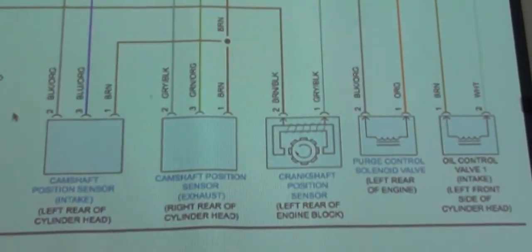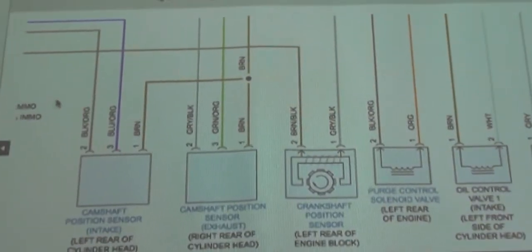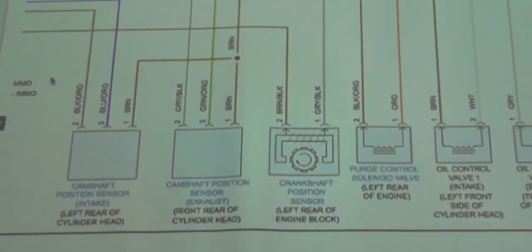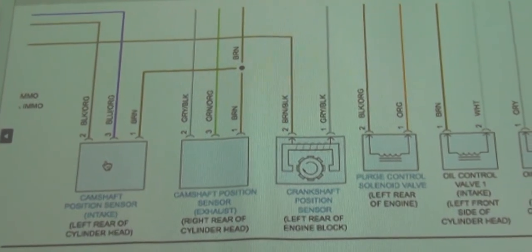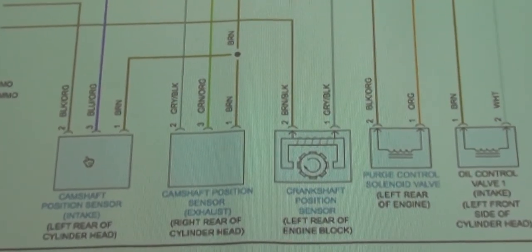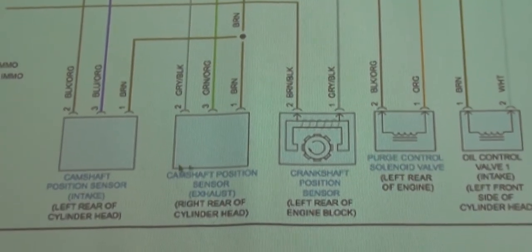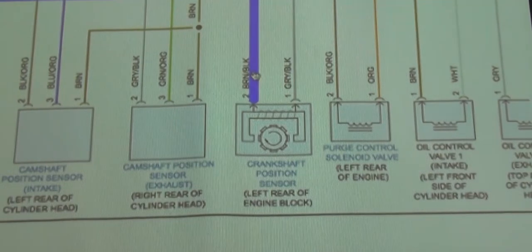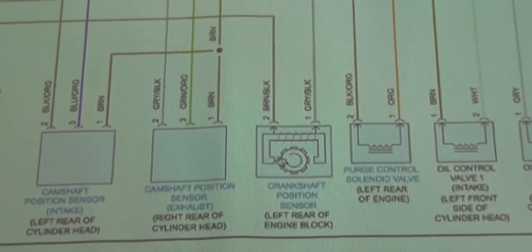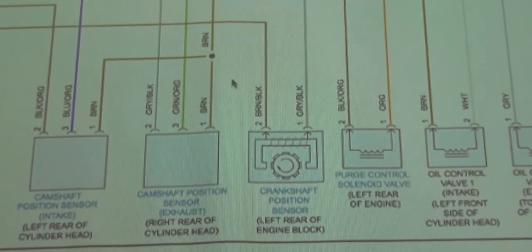I already put up the diagram for this vehicle, and this car has two camshaft sensors, one on the exhaust and one on the intake side. And we have only one crankshaft position sensor, which is a two-wire sensor. It has a reluctor with a coil, and it has two wires, right?